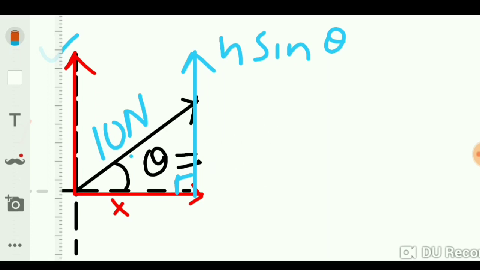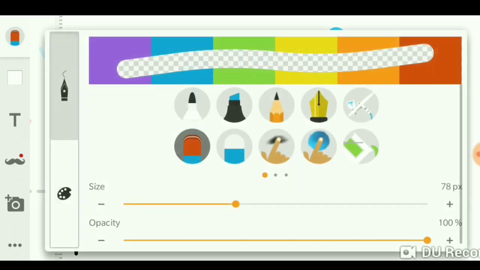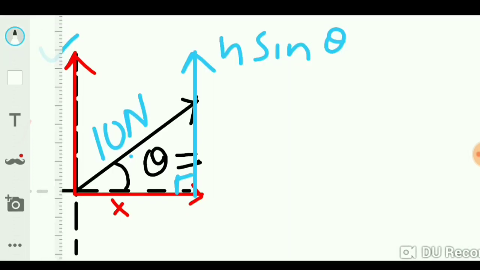Remember theta is 37. You guys should also. So h sine theta, which is 10 into sine 37, is 3 by 5.